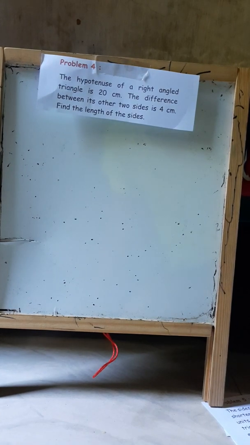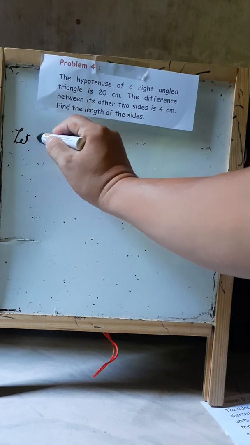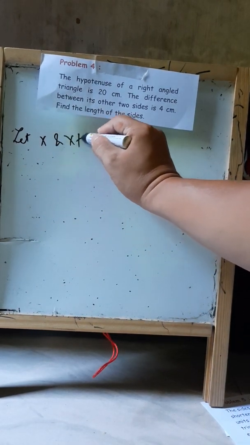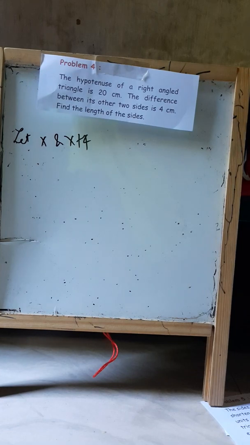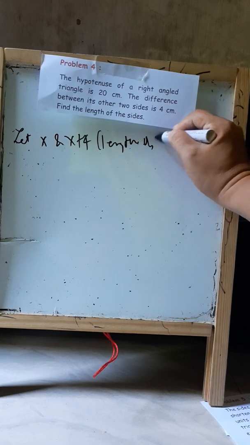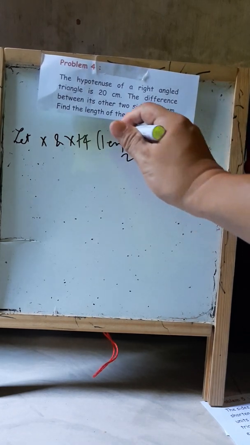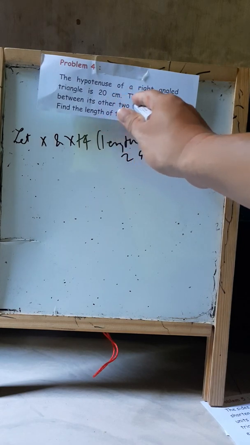For problem number 4, we have here: the hypotenuse of a right-angled triangle is 20 cm. The difference between its other two sides is 4 cm. Find the length of the two sides. First, let us have x and x plus 4 as the lengths of the other two sides, because it says the difference between its other sides is 4 cm.